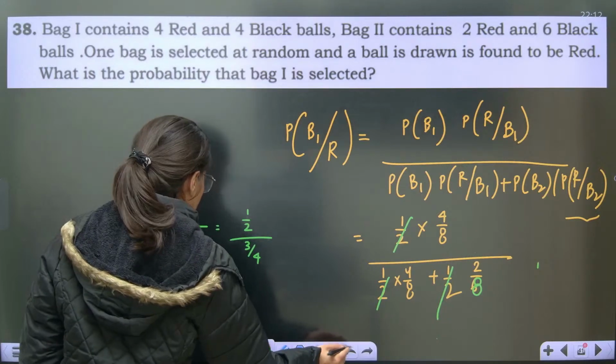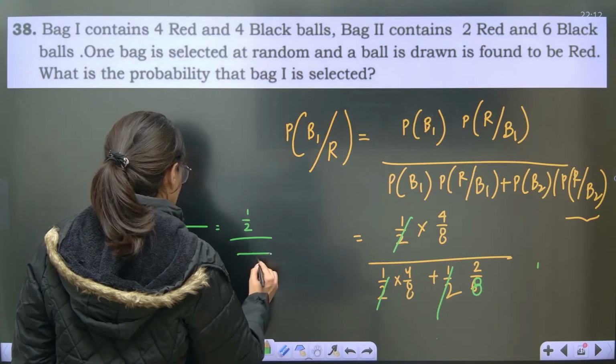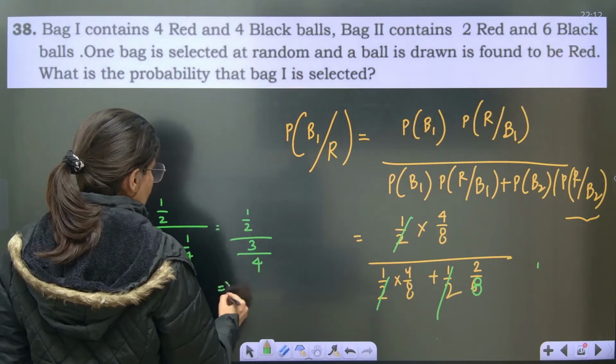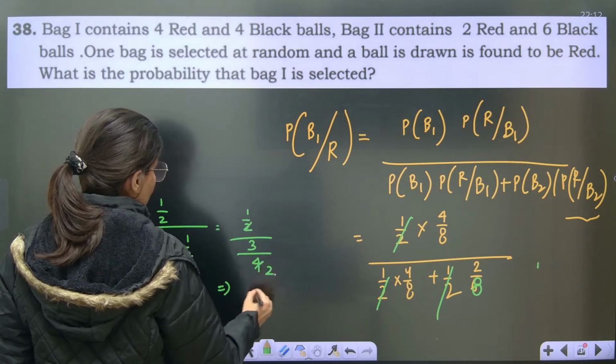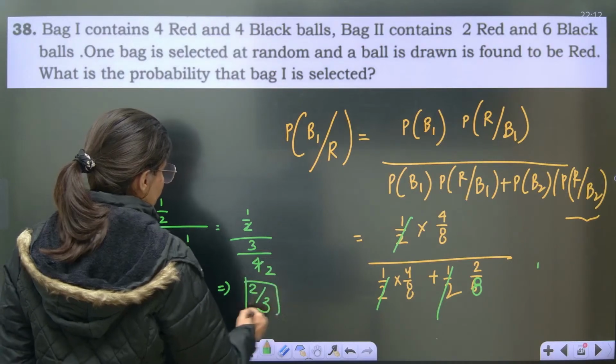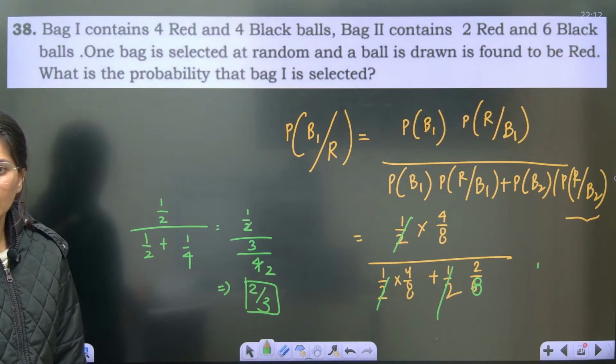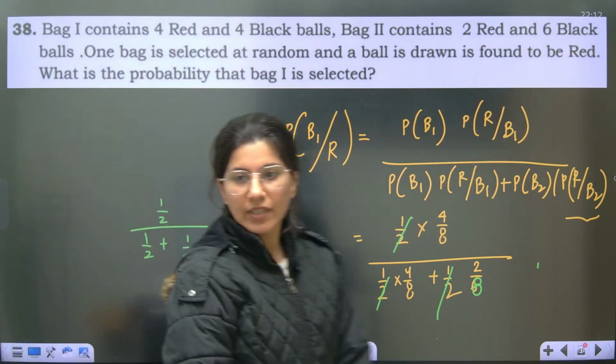Or you can just take 4 as the LCM: 2 plus 3, 3. So this is 2 ones are 2, 2 threes are 6, so 2 by 3 is the correct answer. Yes? Correct?